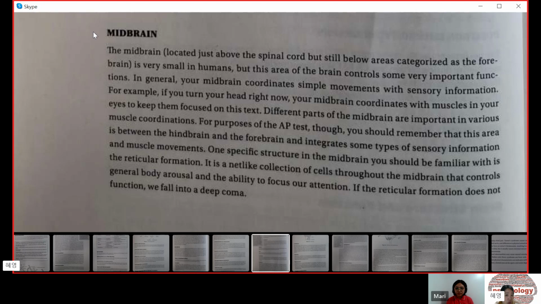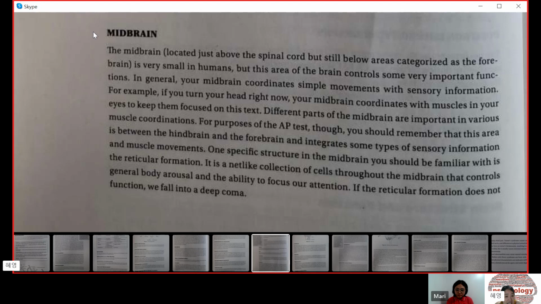For purposes of the AP test, you should remember that this area is between the hindbrain and the forebrain and integrates some types of sensory information and muscle movements. And one specific structure in the midbrain you should be familiar with is the reticular formation.